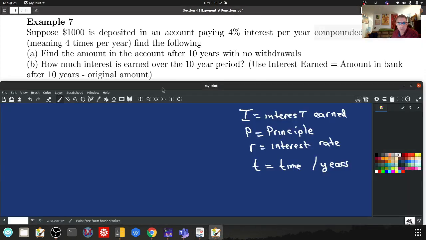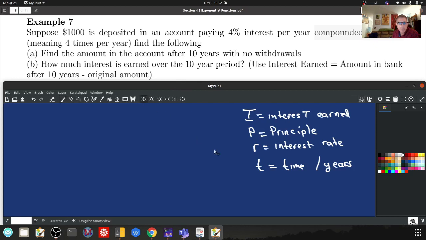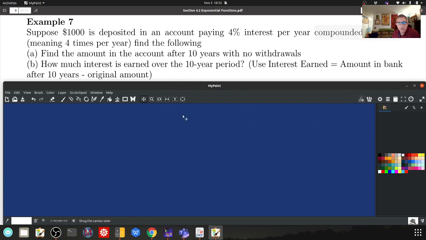So let's go ahead and do that. Our guiding equation is A is equal to P times the base, which is 1 plus r divided by n, raised to n times t.